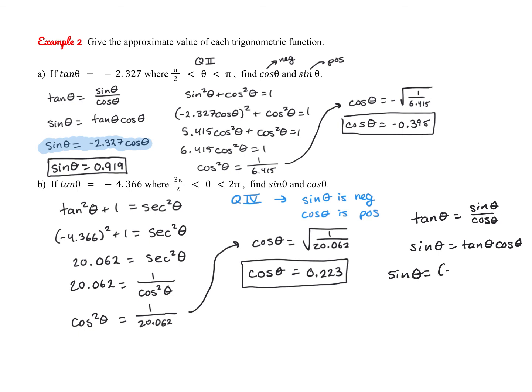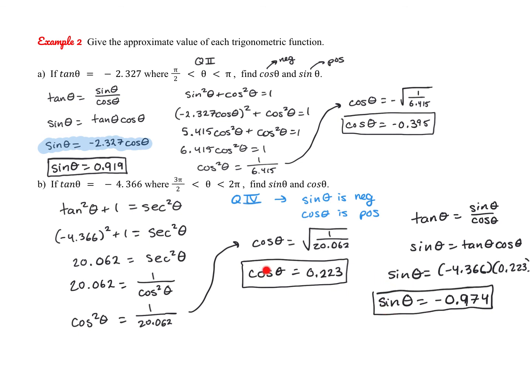So it's going to be negative 4.366 times 0.223. So you plug that into your calculator. We get about negative 0.974. And it does make sense that our answer is negative because we are in quadrant 4.